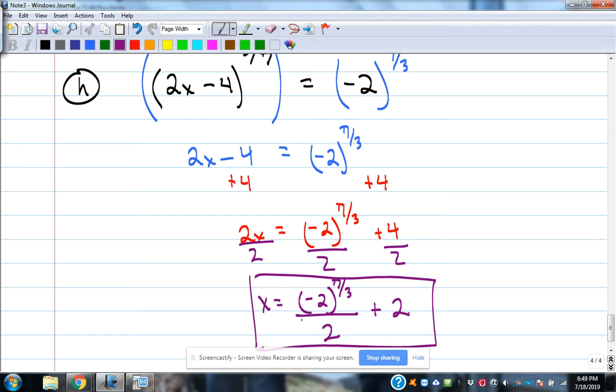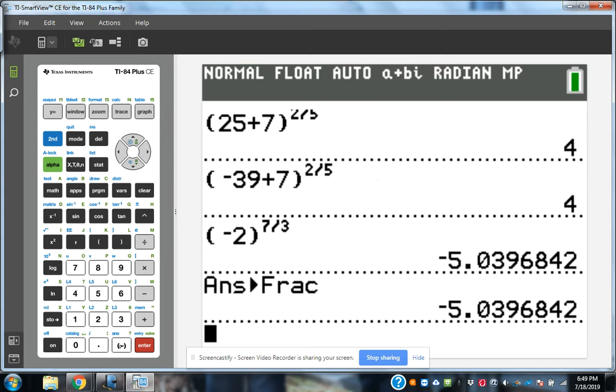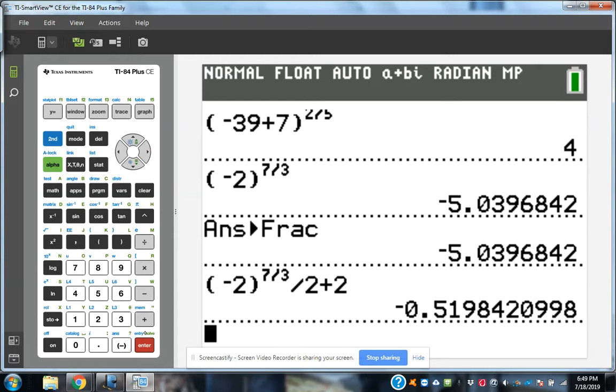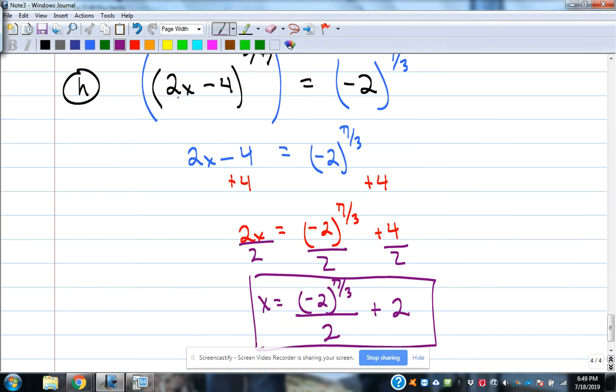So this is a decimal answer, and I'm going to use the calculator to check it in the original. So I'm going to work that out: negative 2 raised to the 7/3, and then divide that by 2 plus 2. I'm going to get that decimal, and I'm going to use that in my checking of this. So I'm going to plug in that decimal without rounding it at all to the 2x minus 4.